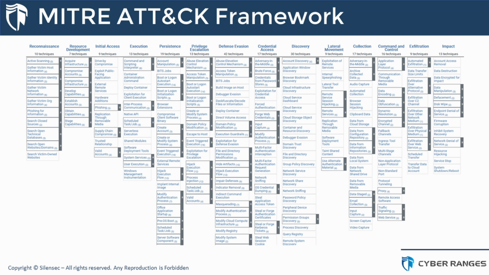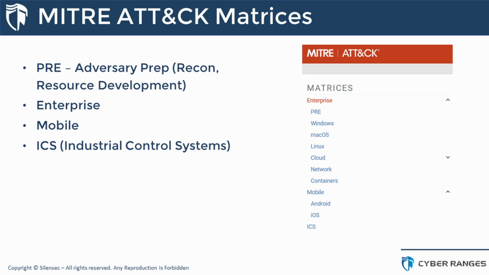One thing to understand is that the MITRE ATT&CK framework at the top level is organized in the form of matrices that highlight the target environment, or the environment that adversaries will typically target. And that distinction is very important. So you'll typically see the following matrices.